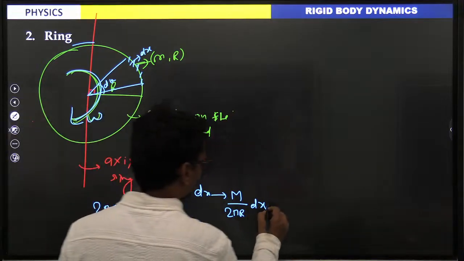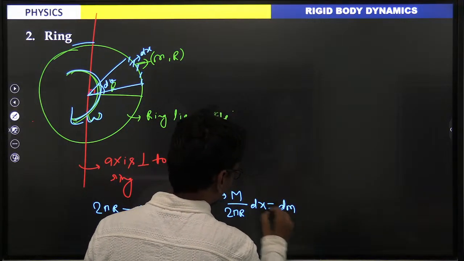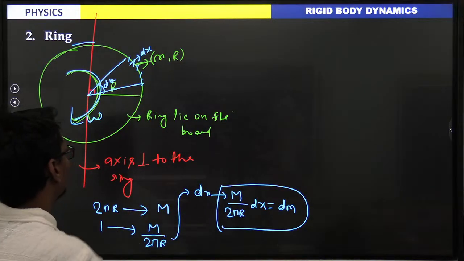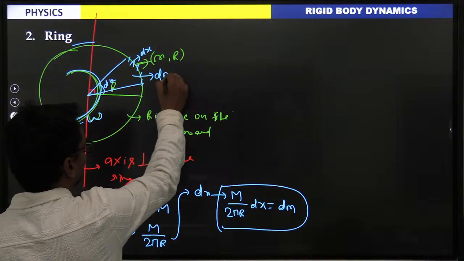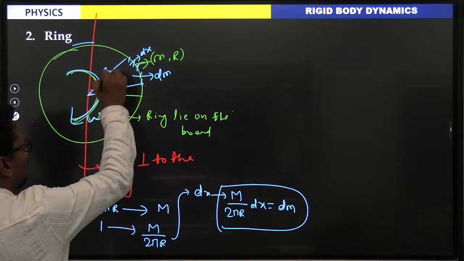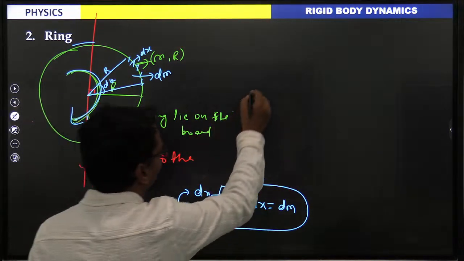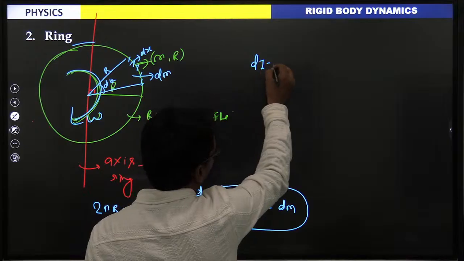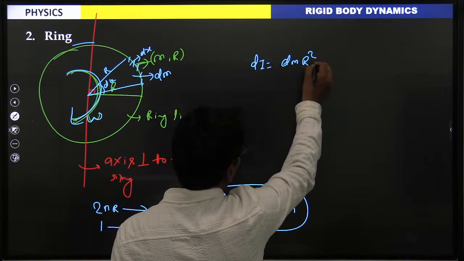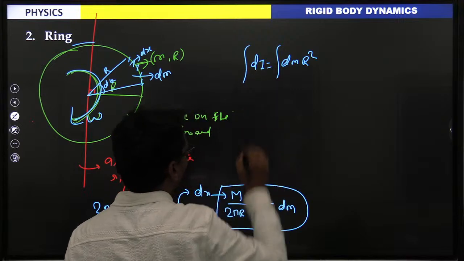Let's say this is dm. So we are easily able to find the mass dm which we cut. Now we can easily find the moment of inertia of this object. The distance is r from here to here, so dI is equal to dm r square.